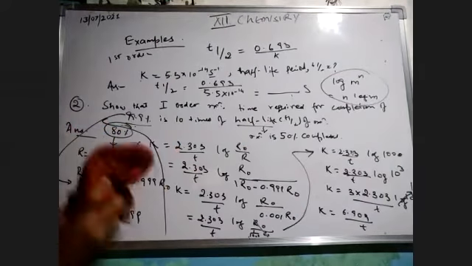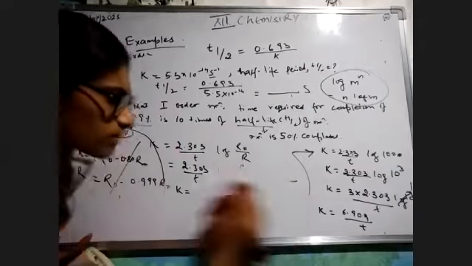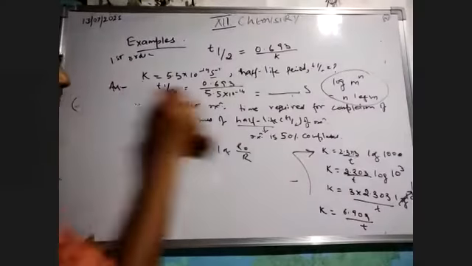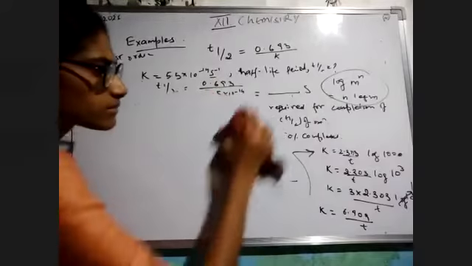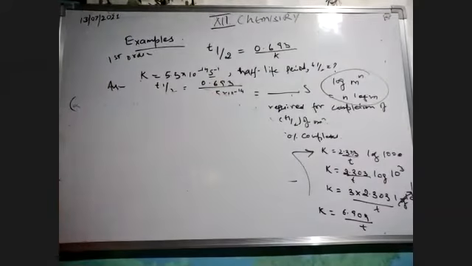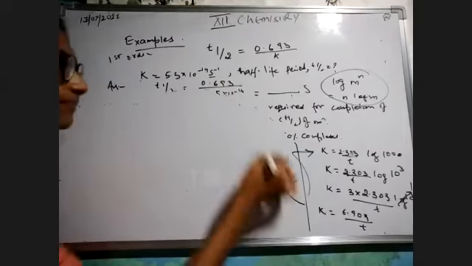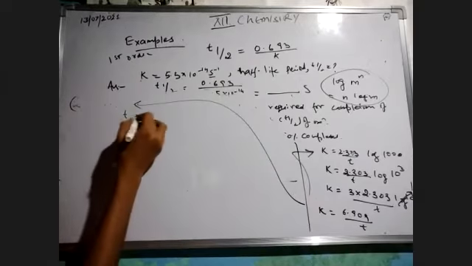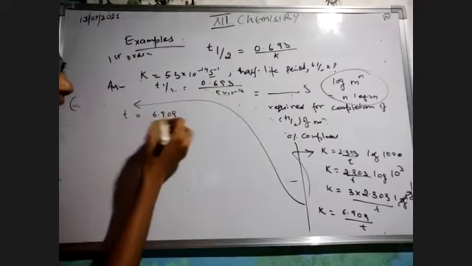Okay. So we have done k equals to 6.909 upon t. This was the question given to us. Or we can say, because we have to compare, na, k equals to 6.909 upon t.